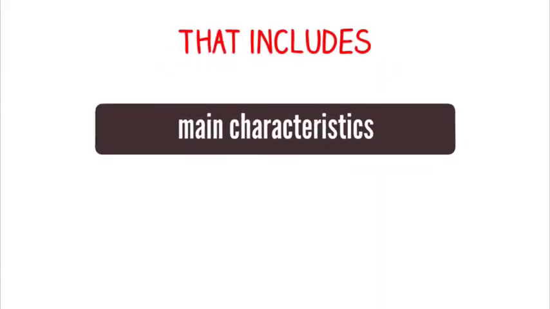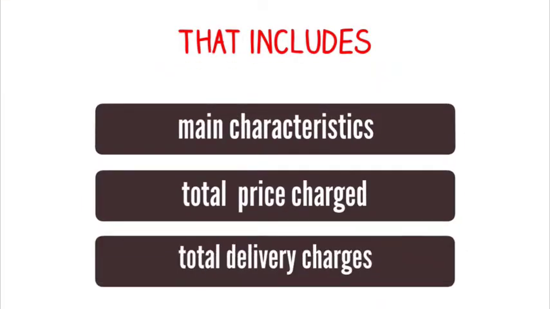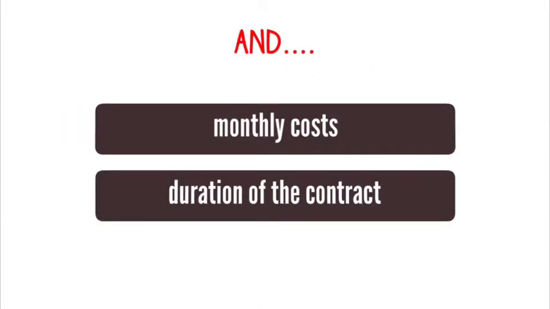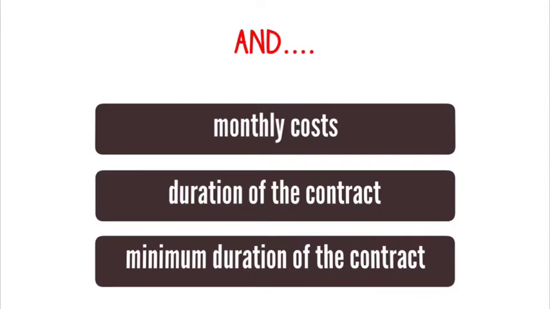And this information that you need to provide at a higher level includes the main characteristics of the goods or services, the total price charged, the total delivery charges, monthly costs if there are any, the duration of the contract, and the minimum duration of the contract if it's of an indefinite period.